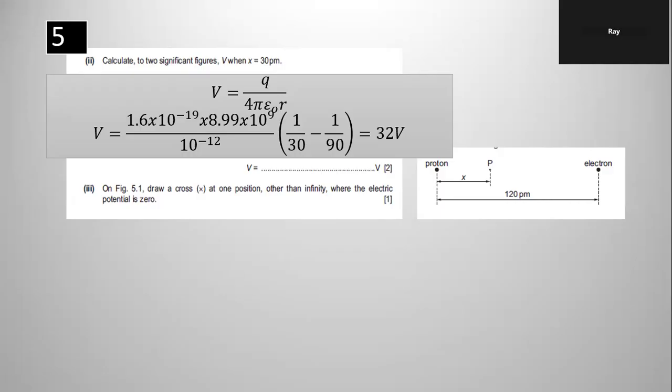On figure 5.1, draw a cross at one position other than infinity where the electric potential is 0. Where is it likely to be 0?